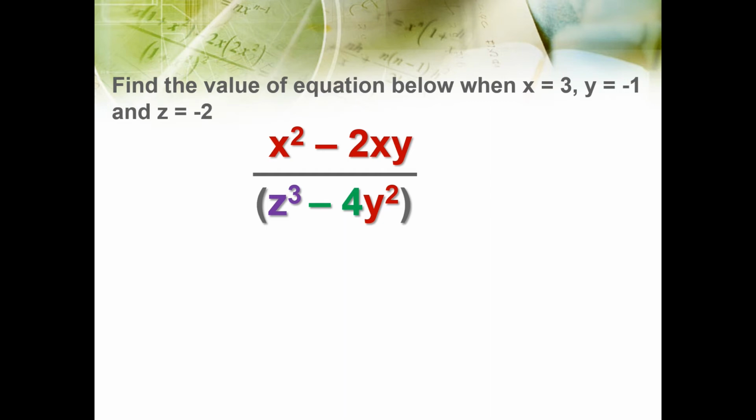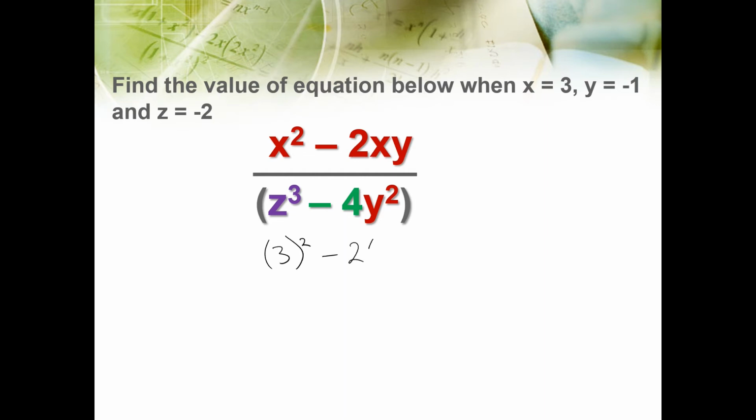Find the value of the equation below when x equals 3, y equals minus 1, and z equals minus 2. What should you do? Same as the previous slide. You have to fill in x, change x into 3.